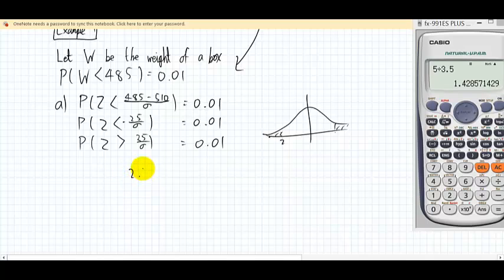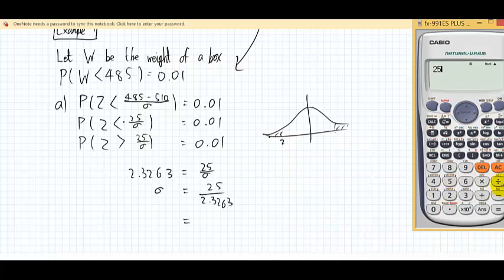So 2.3263 is equal to 25 over sigma, and this means that sigma is equal to 25 over 2.3263, which means that sigma is equal to 10.7 to three significant figures.